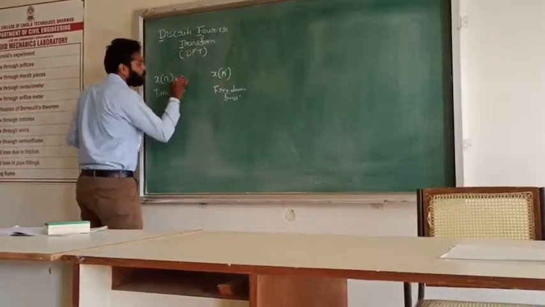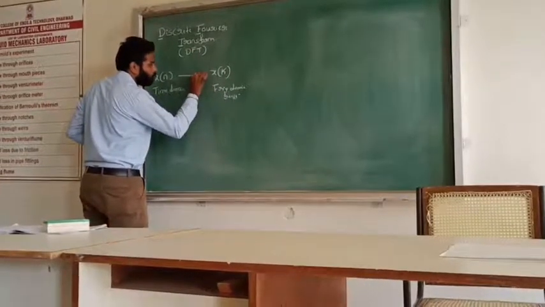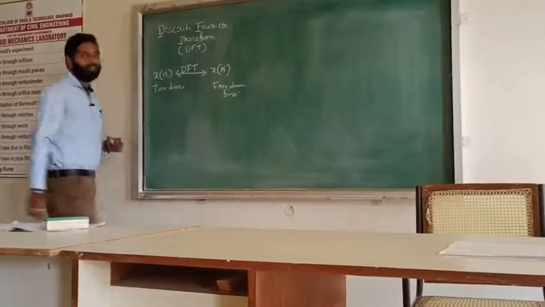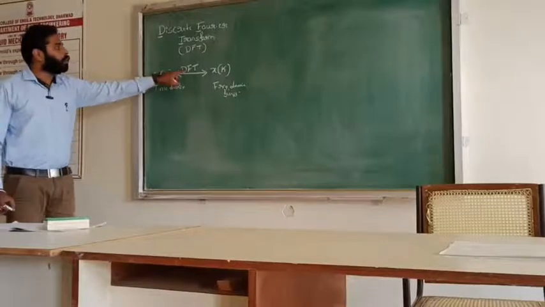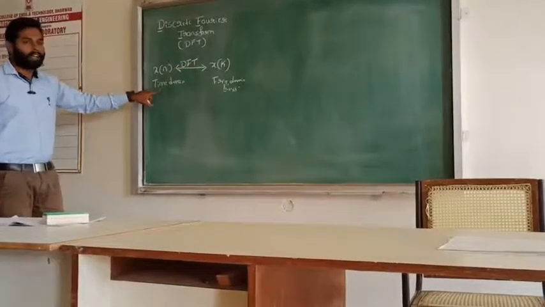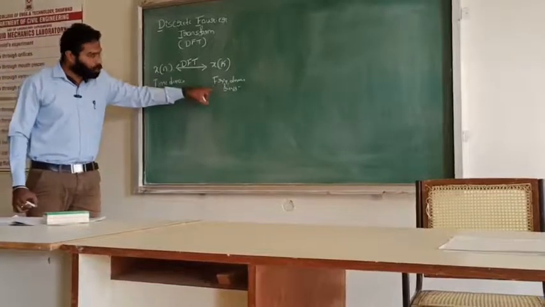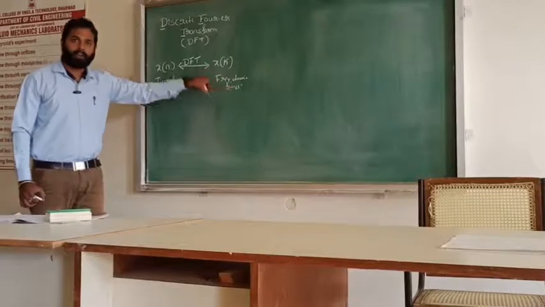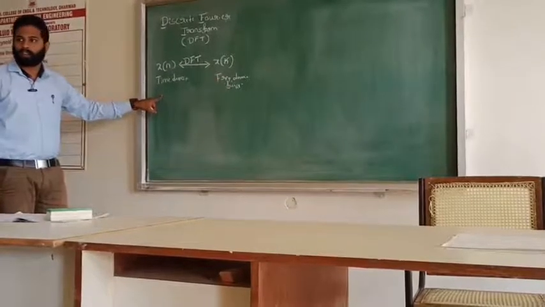We will use this discrete Fourier transform to convert a discrete time domain function into a frequency domain function, or a discrete frequency domain function into a time domain function.